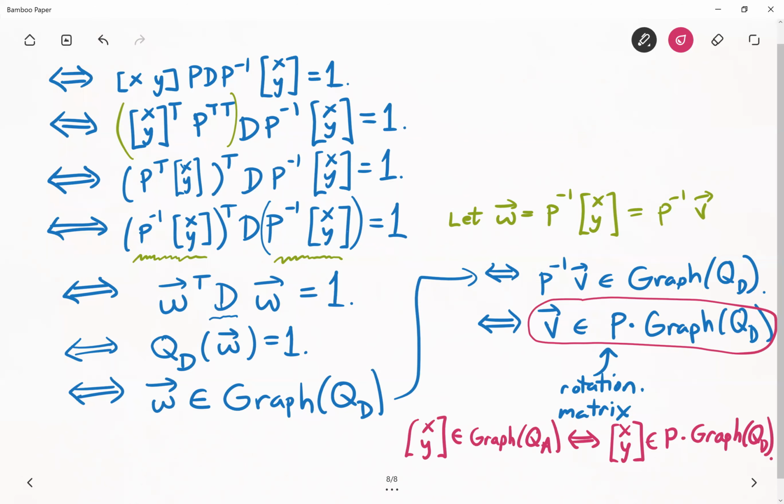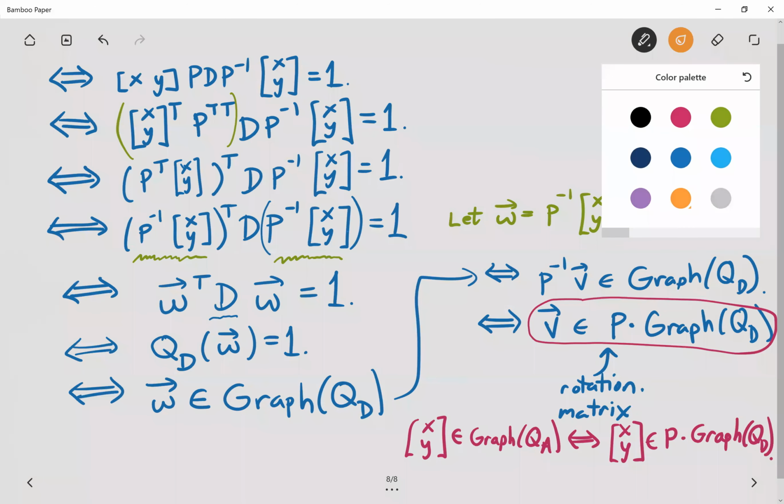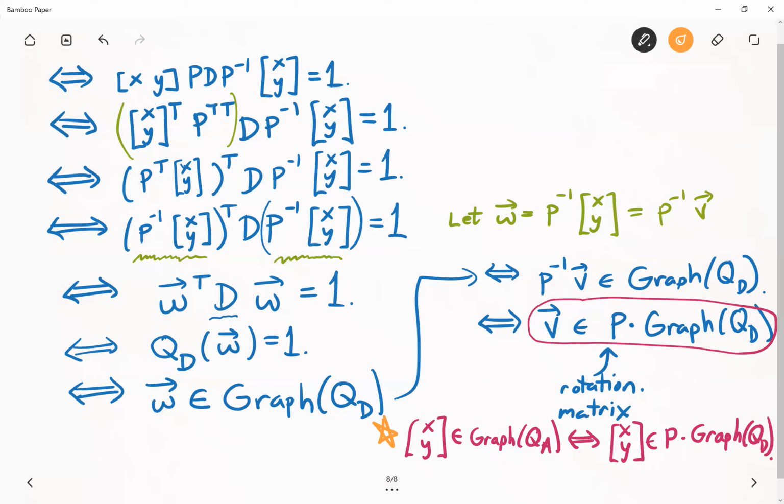But this is the key takeaway right here. This is worthy of stars, of being circled and underlined multiple times in your notes.